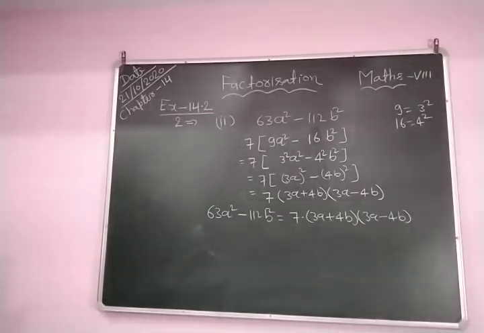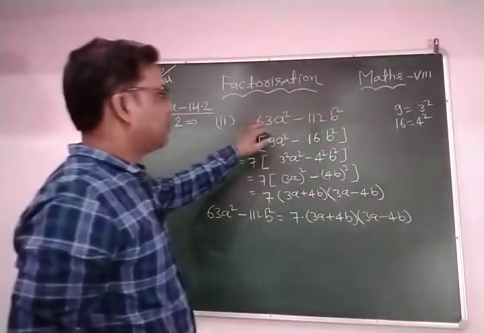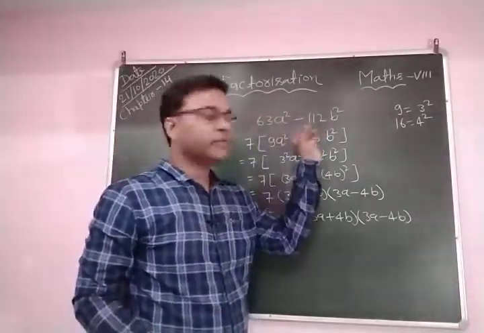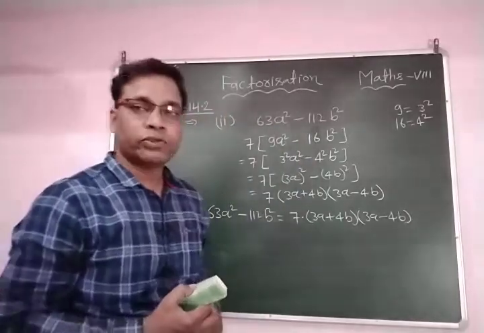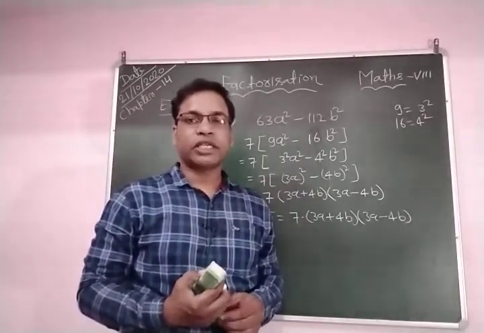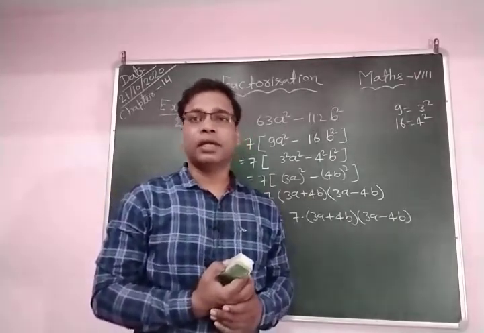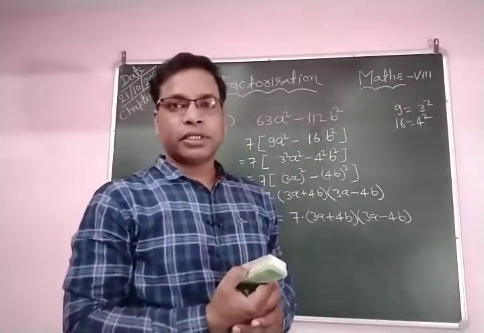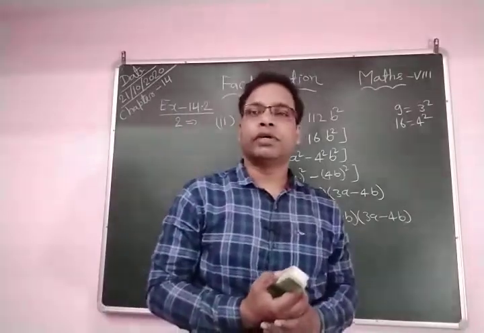In this question, first given 63a square minus 112b square. So here we see that nothing is common between them, because 63 is not the square of any number, and also 112 is not the square of any number.